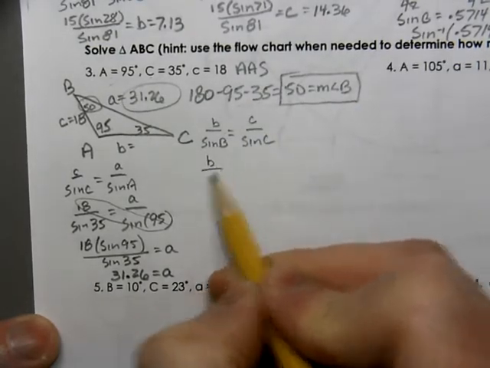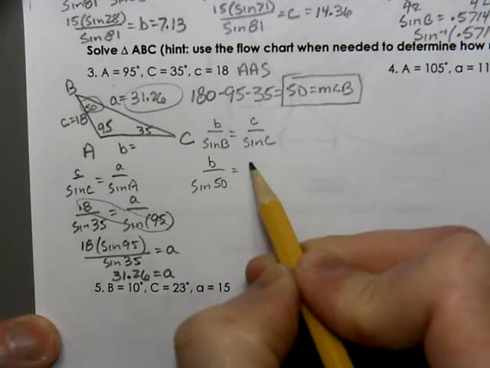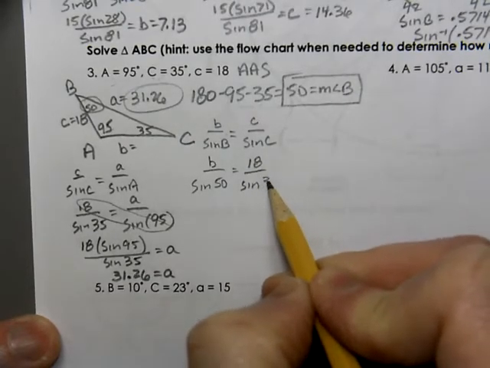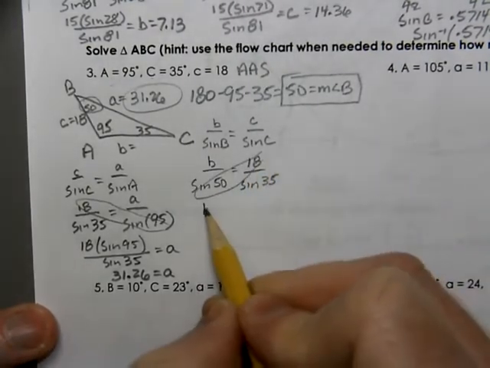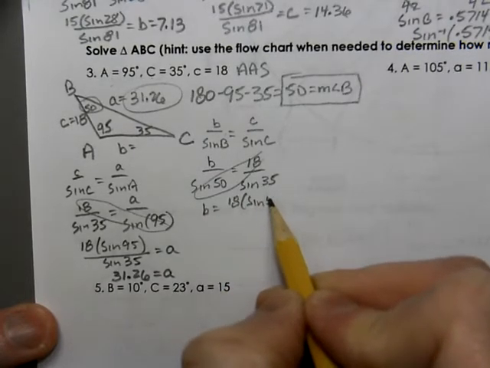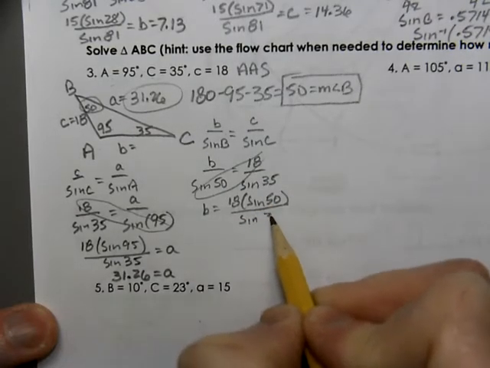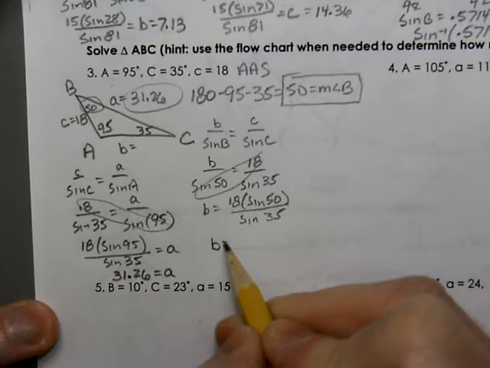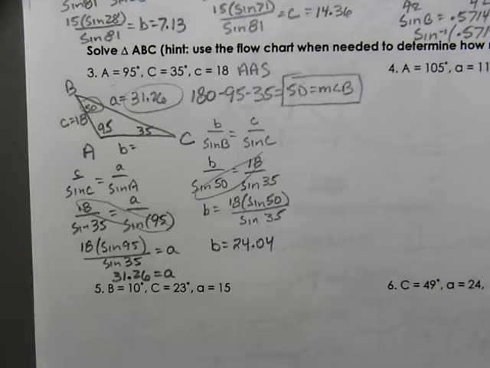So we're looking for side B, but we know angle B. We know side C and angle C. We'll cross multiply. So we know that B is going to equal 24.04.